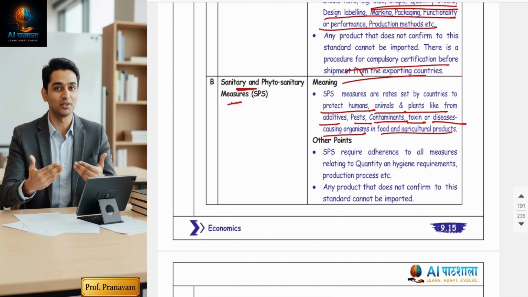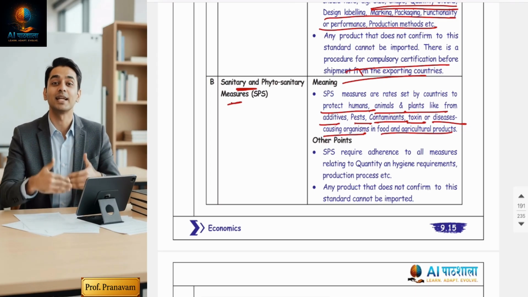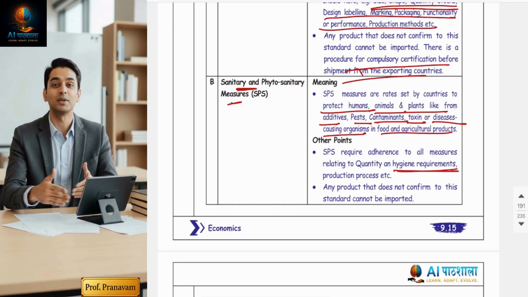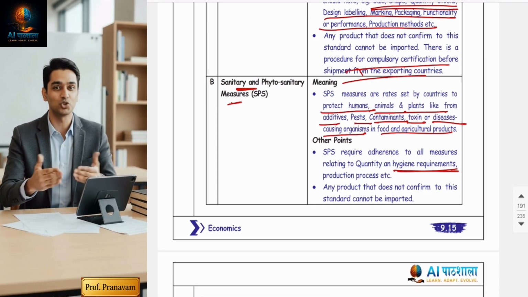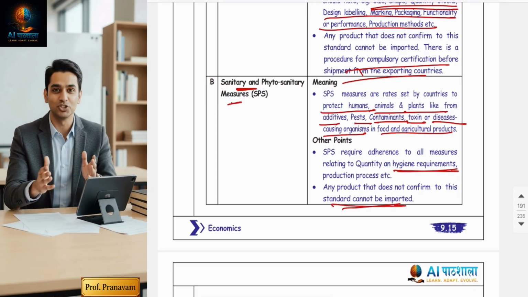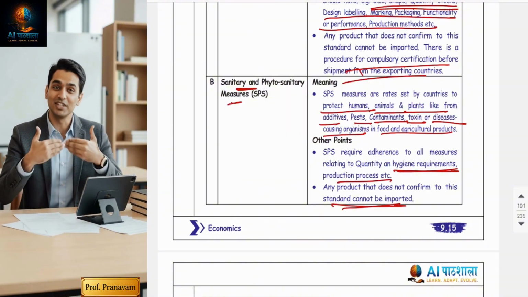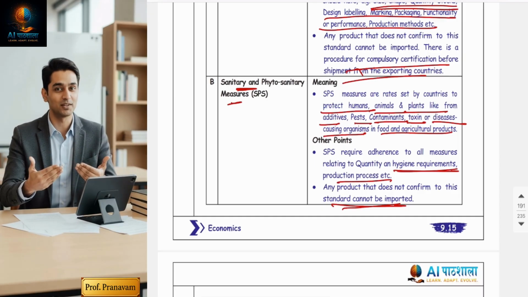So what do SPS measures control? They regulate hygiene standards, guys. SPS is related to regulation of hygiene standards, quality and safety requirements. They always set standards for the import and the production process. If these standards are not met, imports are prohibited.